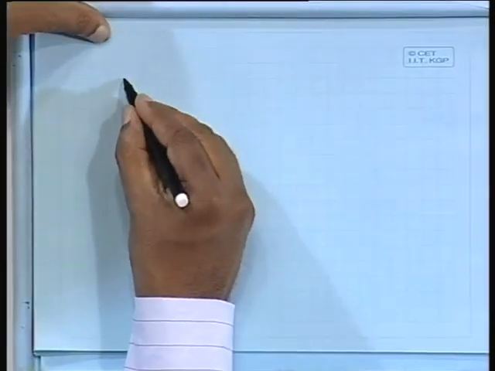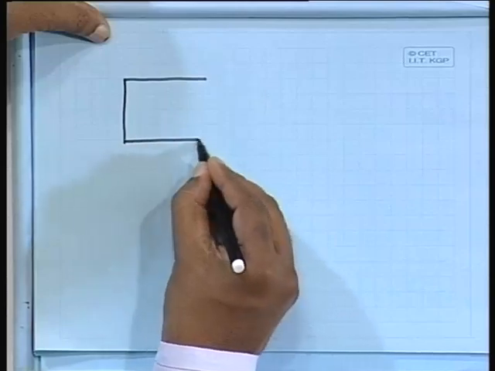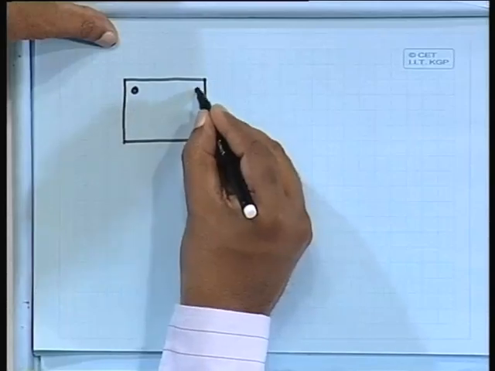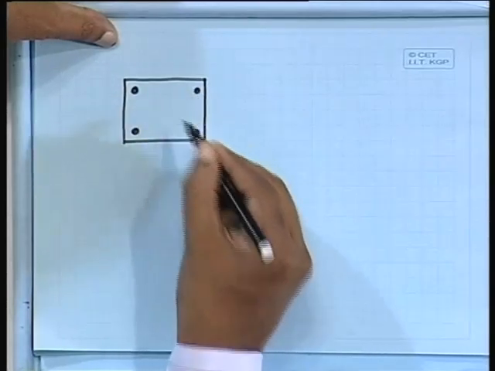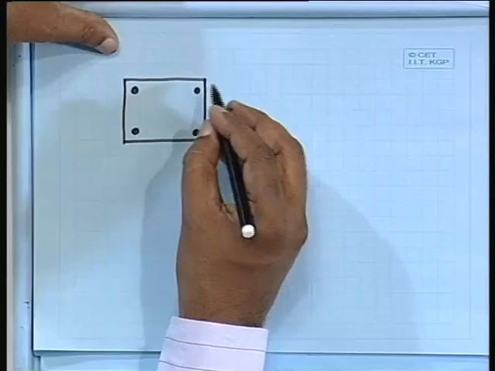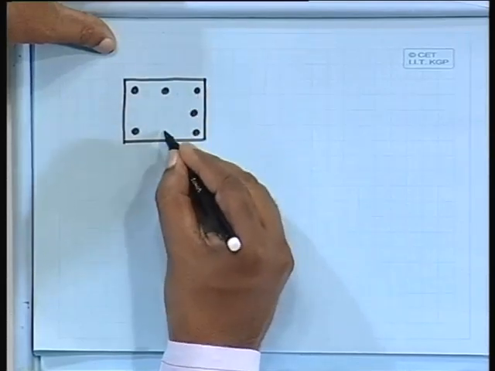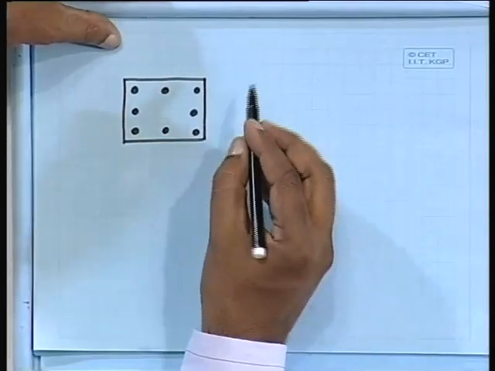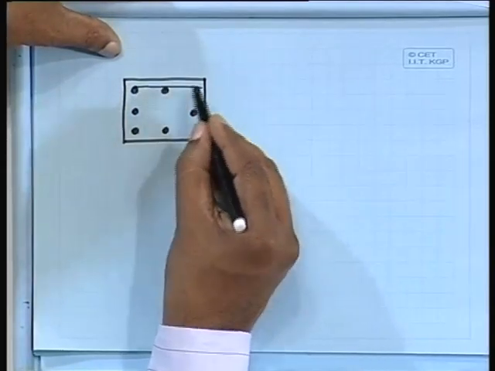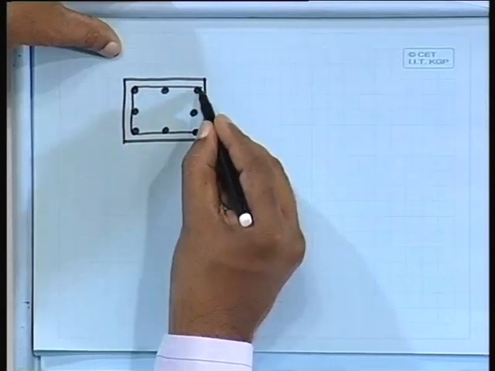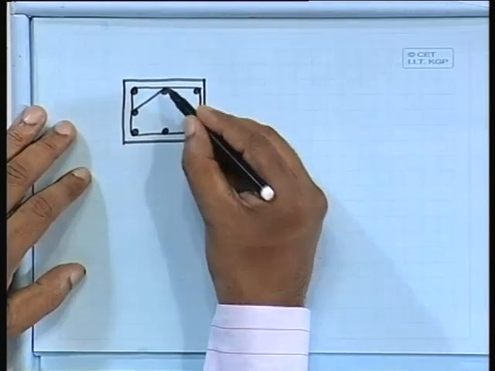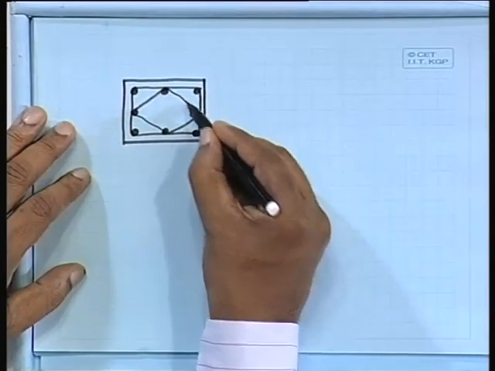Finally, we have to provide a cross section like this, and we have provided 8 bars in 8 corners. Since it is axially loaded, we can provide in all 4 sides, and we can provide the tie here.